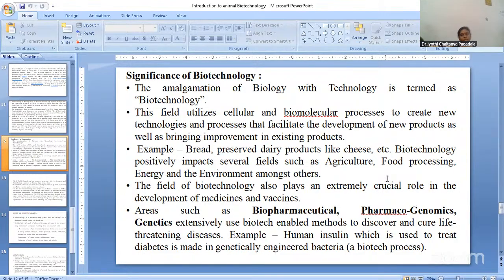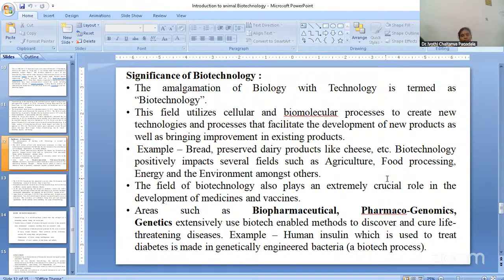As we just discussed, bread and preserved dairy products like cheese. Biotechnology positively impacts several fields such as agriculture, food processing engineering, and physics, like energy and environmental factors.